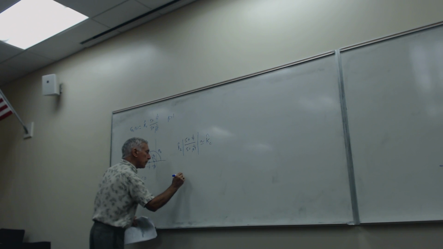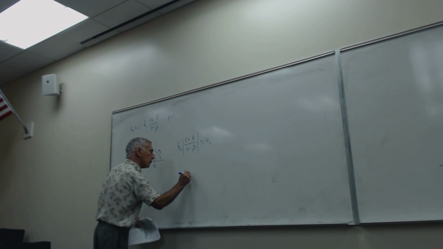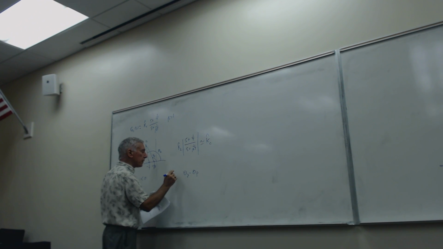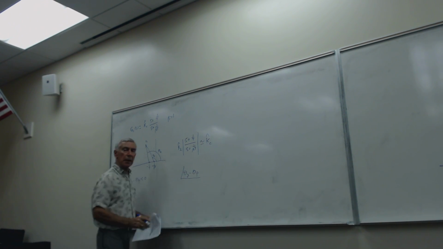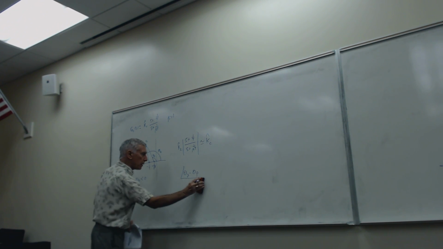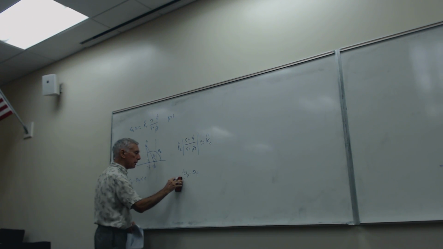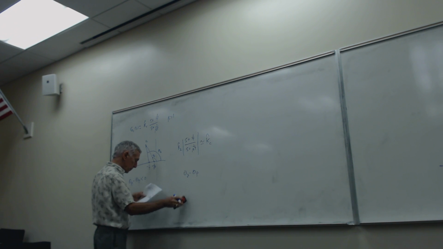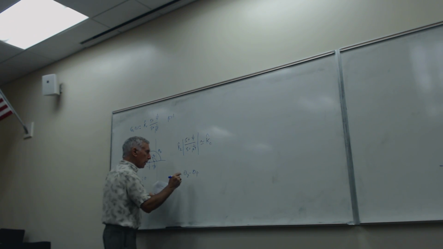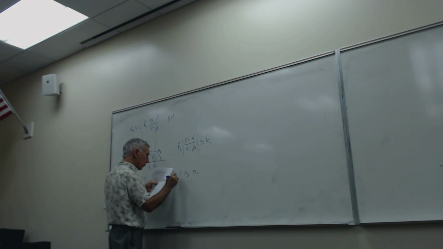He says that theta z minus theta p, which is a phase, should be greater than -5.